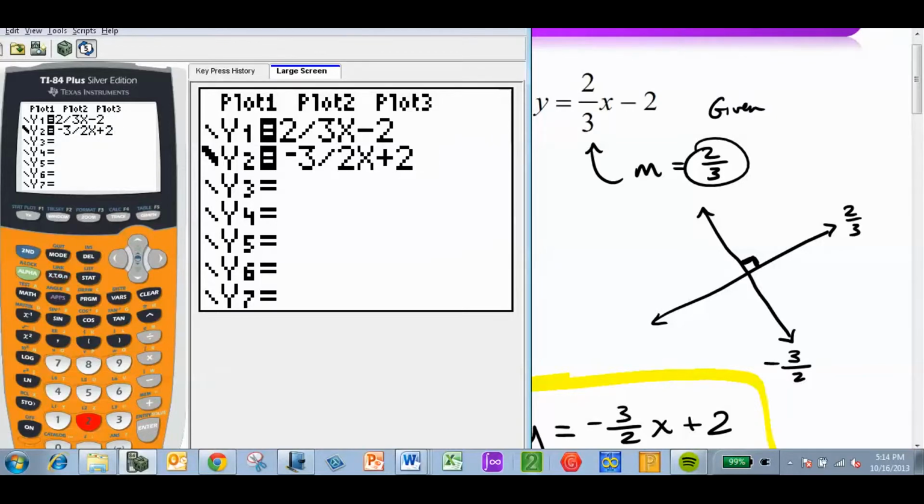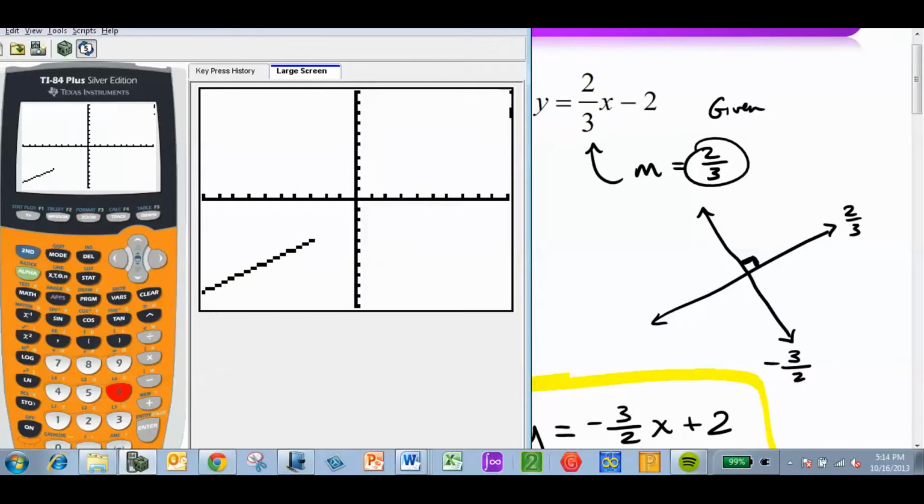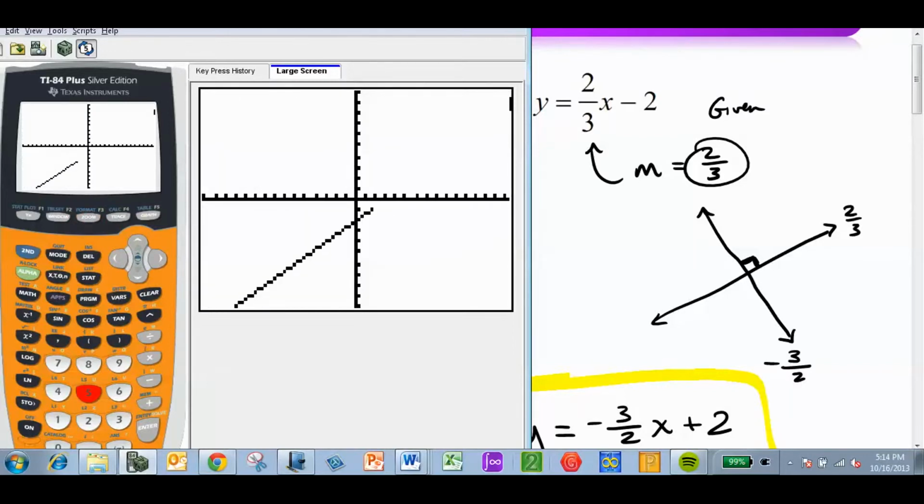I've got one of them graphing as a bold line and one of them as a regular line. Let's start with a zoom 6. And then for perpendicular lines, I always want to use zoom 5. If you click on your zoom and go down to zoom square, that one usually gives you a nice square window. It gives you a better look at perpendicular.